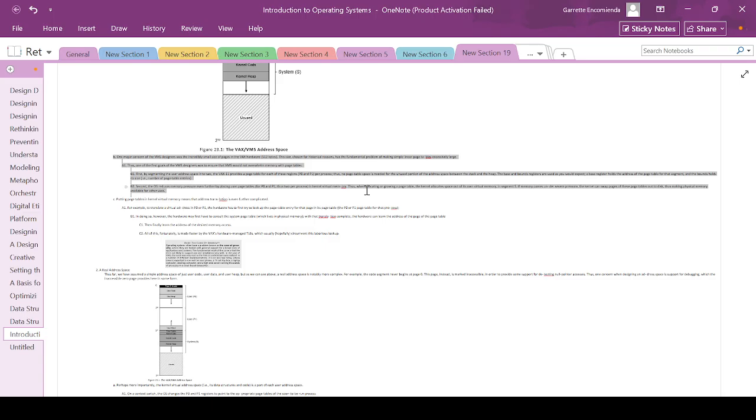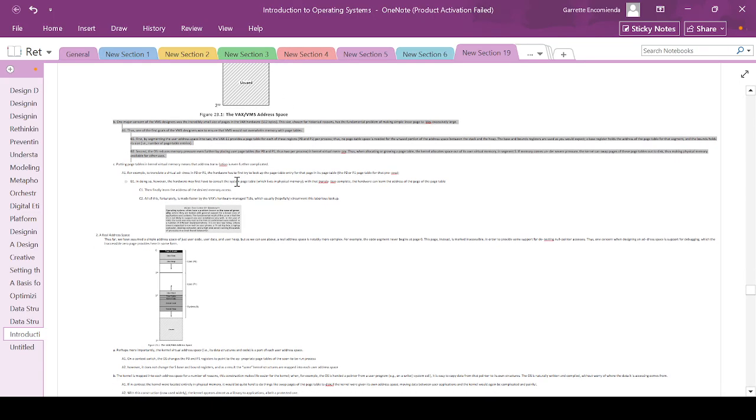So one of the goals is not to overwhelm it with page tables. And remember, a lot of page tables could lead to external and internal fragmentation.